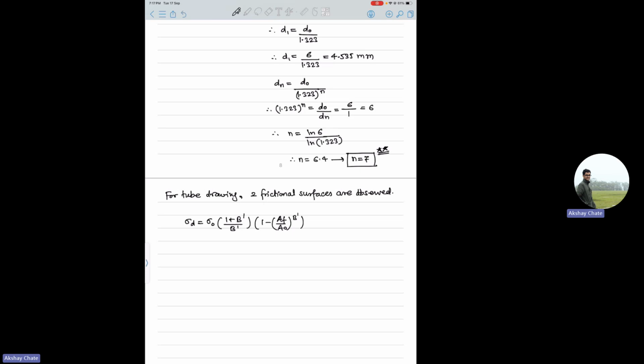And again, I'm not putting the back tension etc. again, but you understand. So b dash will be nothing but (mu1 plus mu2) by (tan alpha minus tan beta).